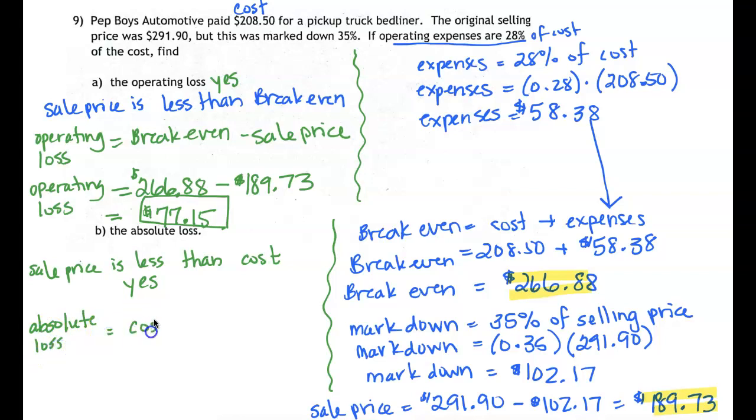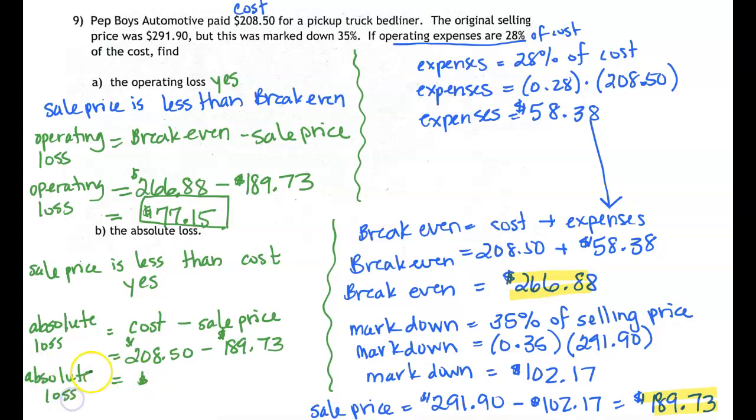We're going to take the cost and subtract the sale price of the item. The cost was $208.50, and the sale price of the item was $189.73. And when we subtract those, we get an absolute loss of $18.77. And that's the end of section 8.3.